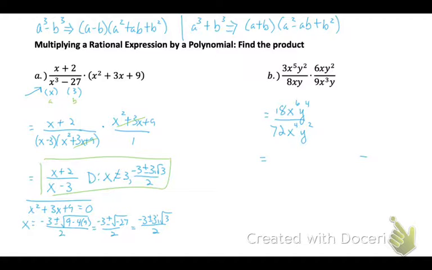So 18 over 72 simplifies down to 1/4. x to the 6th divided by x to the 4th is x squared times y squared. And then for our domain restriction, we just want x and y to not equal 0, because if we put those values in, they would multiply by the other things in the denominator and create a denominator of 0.